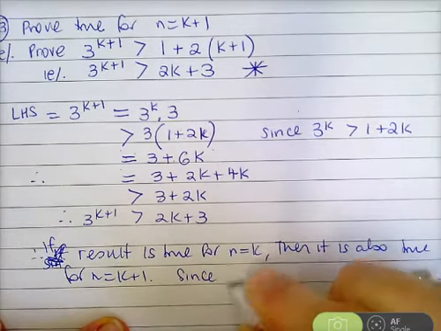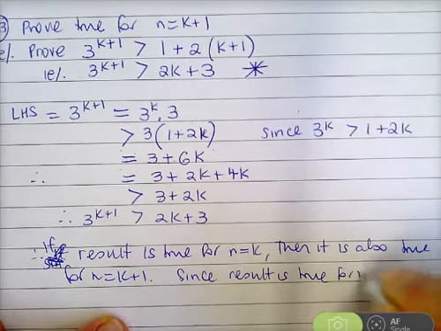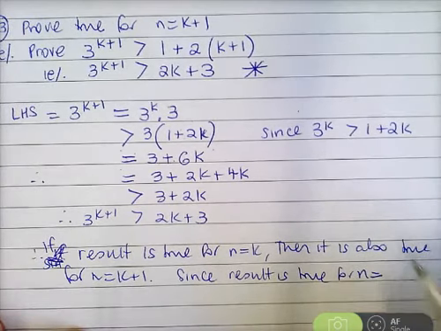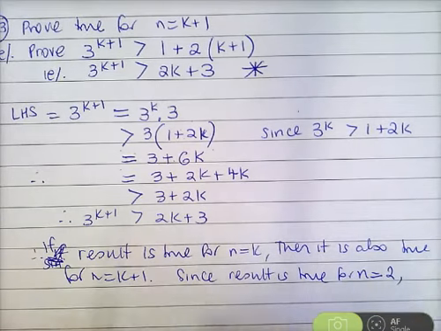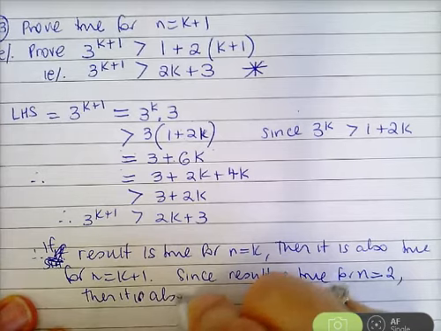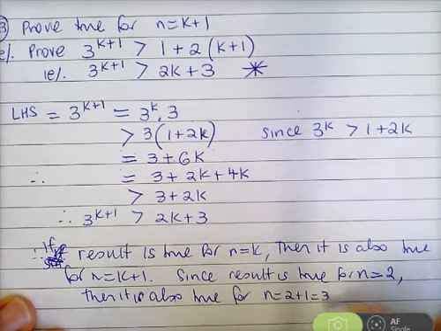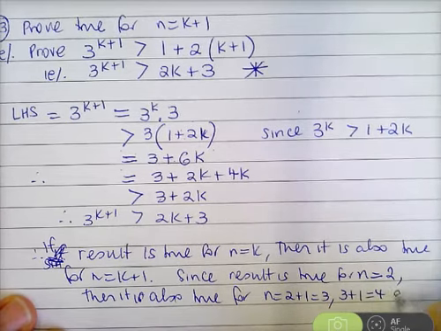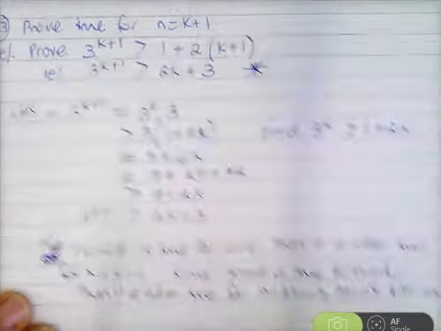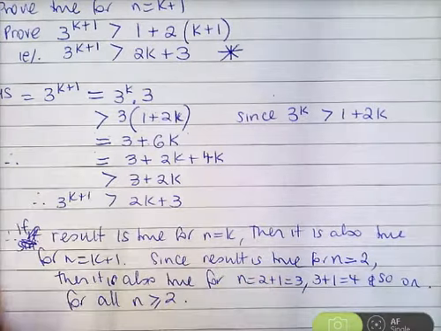Then since the result is true for n equals which one? 1 or 2? 2, then it is also true for n equals 2 plus 1, which is 3, 3 plus 1, which equals 4, and so on, for all n greater than or equal to 2.